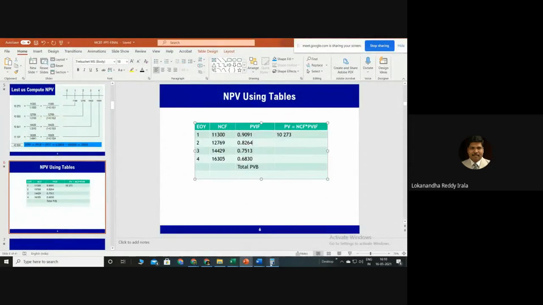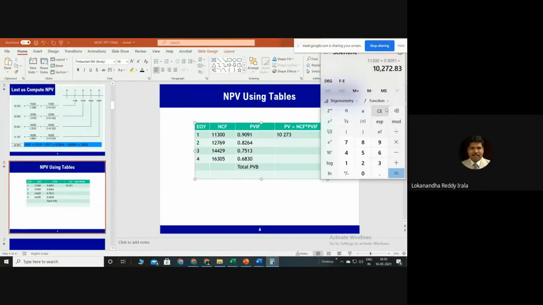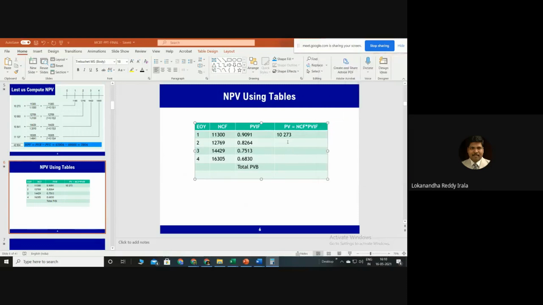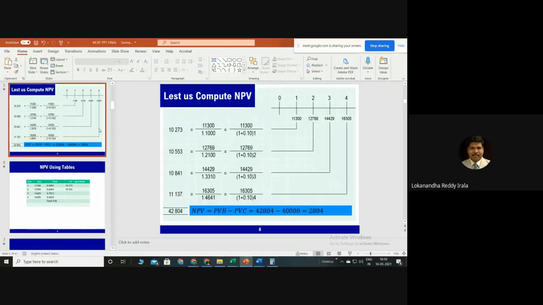So we can show this as another demonstration. Second value, let us see, 12,769 multiplied by 0.8264 is equal to 10,552. So remember, this is the same as the value we got here.